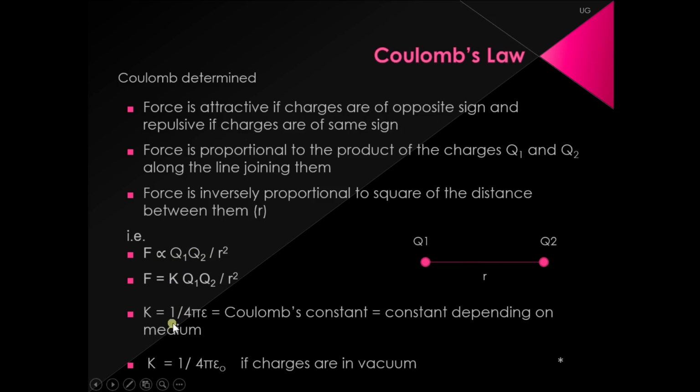That constant is 1 upon 4 pi epsilon, which is called Coulomb's constant, and it depends on the medium, where epsilon is the permittivity of the medium. If the charges are in vacuum, then K is 1 upon 4 pi epsilon 0, where epsilon 0 is the permittivity of free space or vacuum.